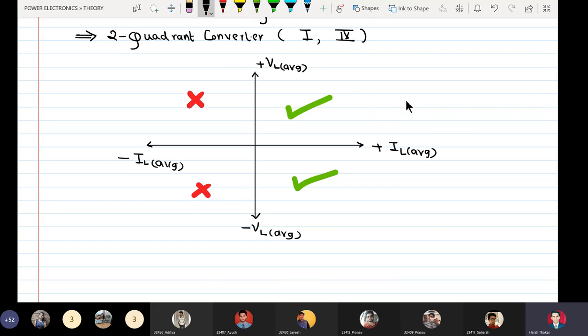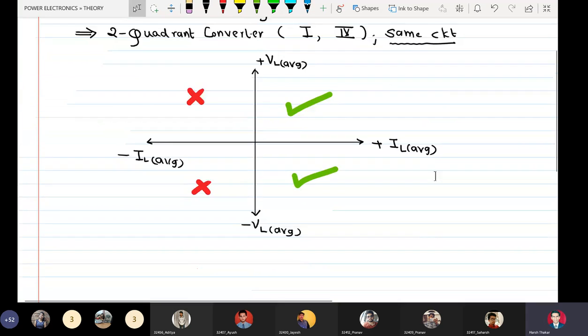Okay, so we can say same circuit can operate.